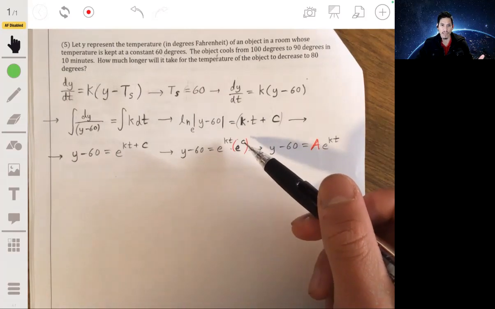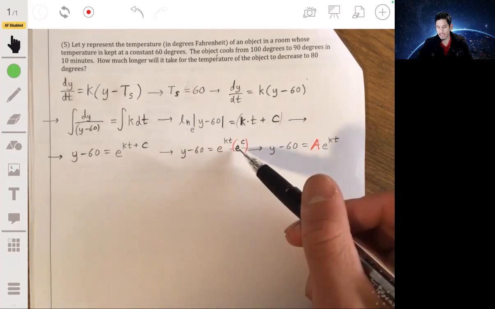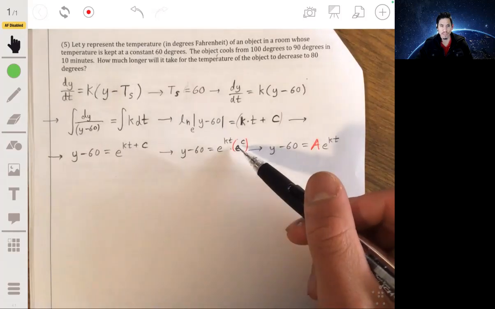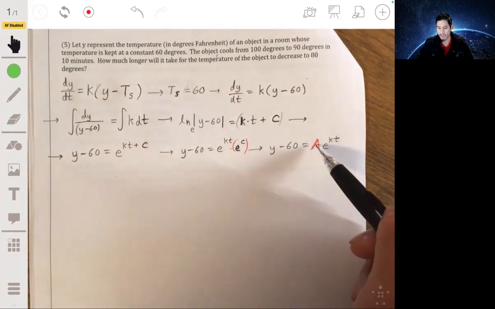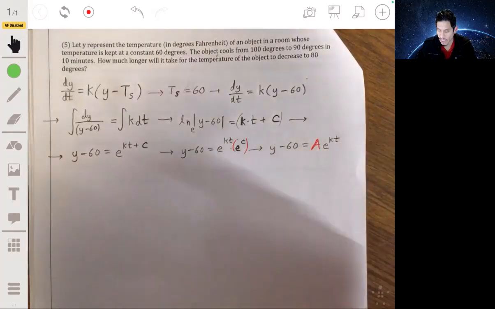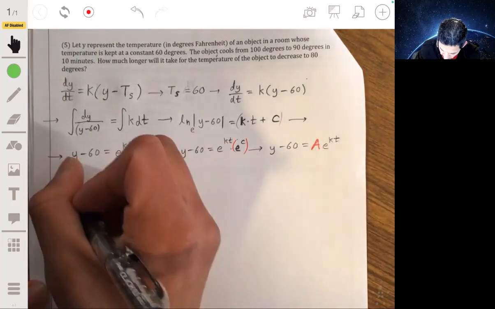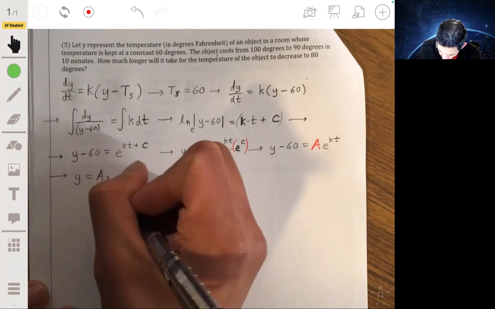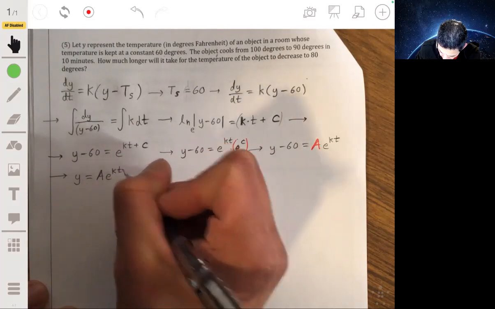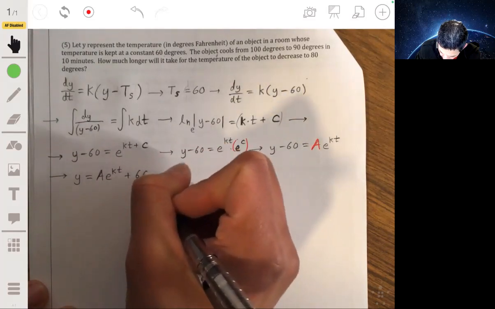It's not going to be a variable, because e is a number, about 2.71, and c is going to be some other constant. We don't know what the constant is, but it's still a constant nonetheless. And now we just have to add 60 to both sides, and we'll get y is equal to a e to the kt plus 60.